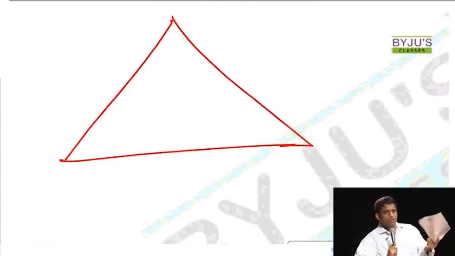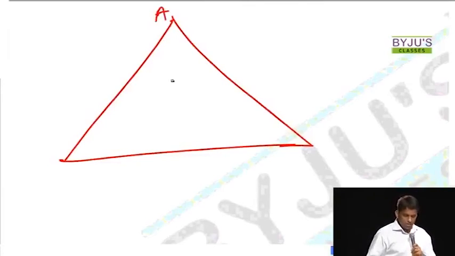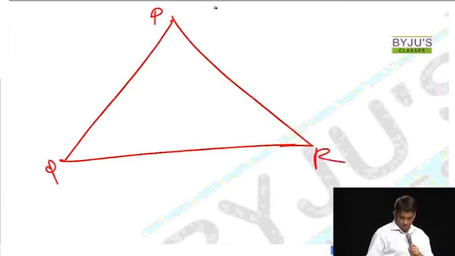More than solving the questions made by me, it's better to make your own questions or to reach that level. So PQR is a triangle, an equilateral triangle. You can take any point inside, and then this is what you need to find out. Right? Diagram is given.